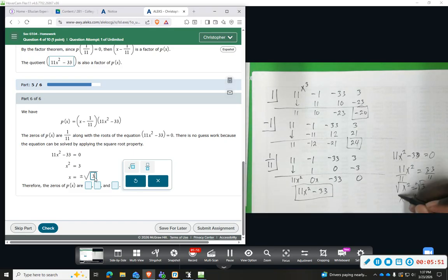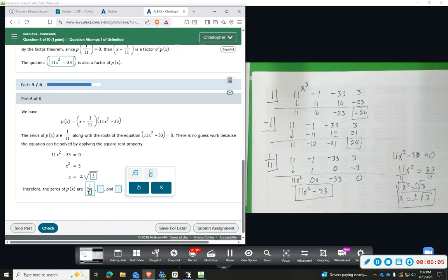Okay, so this gives us our other two roots. Remember, our degree tells us the maximum number of zeros, which is 3 in this case. So therefore, our zeros are 1 divided by 11, positive square root of 3, and negative square root of 3.